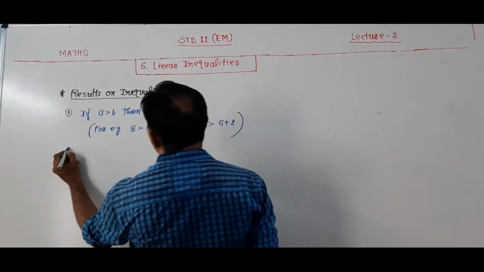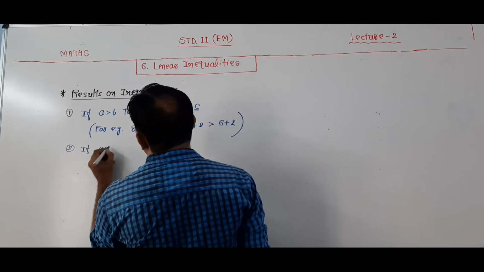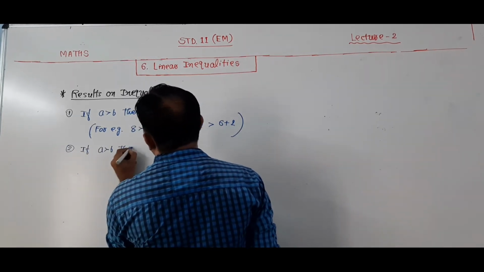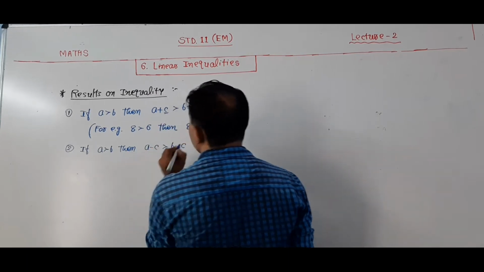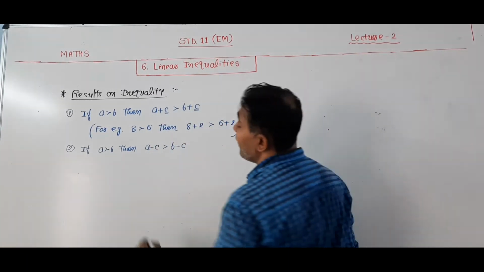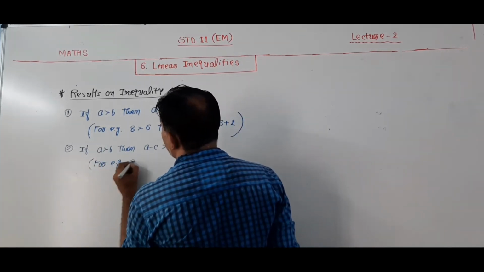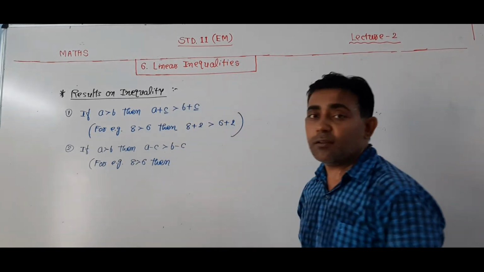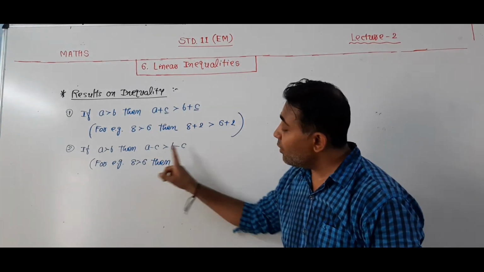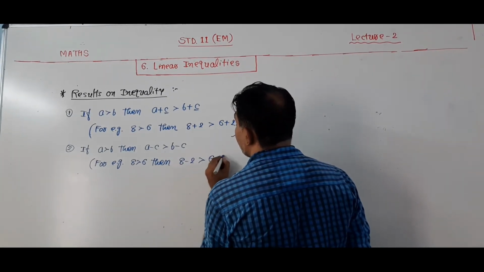Second case. Similarly we may say that if A is greater than B is given, then A minus C is also greater than B minus C. Again we give the same example. For example here 8 is greater than 6, then let us subtract 2 on both sides. 8 minus 2 is obviously greater than 6 minus 2.